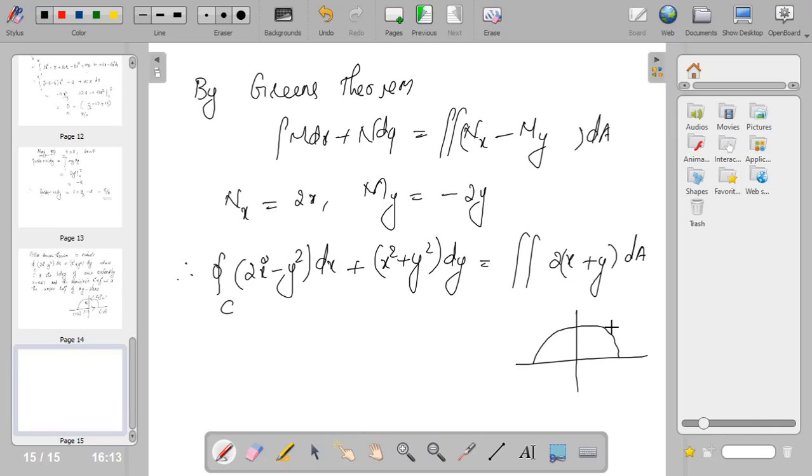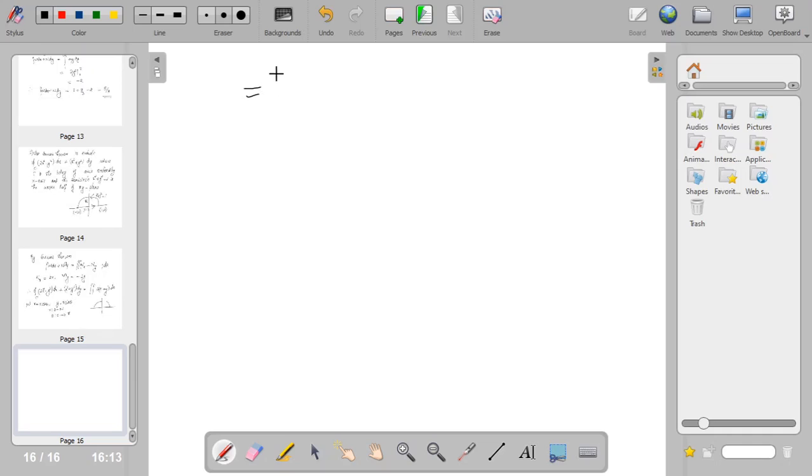So here let me use the polar coordinates. So put x equal to r cos theta and y equal to r sin theta. So r will vary from 0 to 1 and theta will vary from 0 to pi.